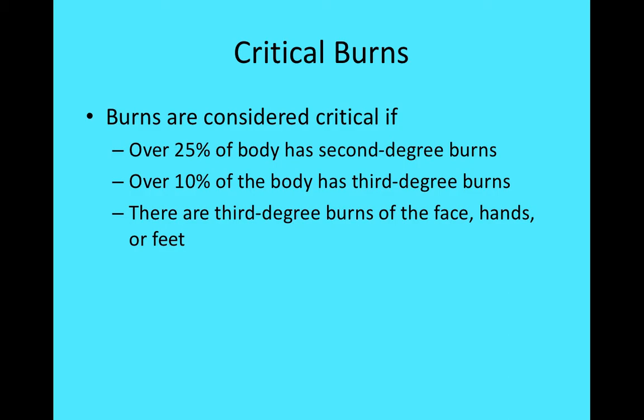Alright, so burns are considered critical if 25% of your body has a second-degree burn, and again, you would use the rule of 9s to determine that, or if 10% or more has third-degree burns, or if you have any third-degree burns on your face, hands, or feet, because those areas are so sensitive, and because you have so many nerve endings that they can send you into shock from the pain.